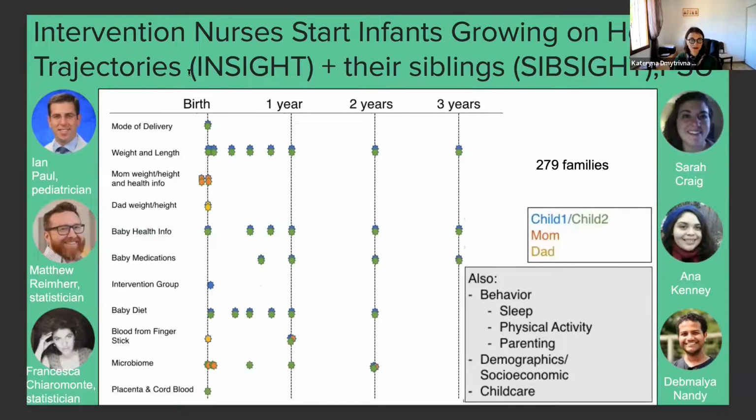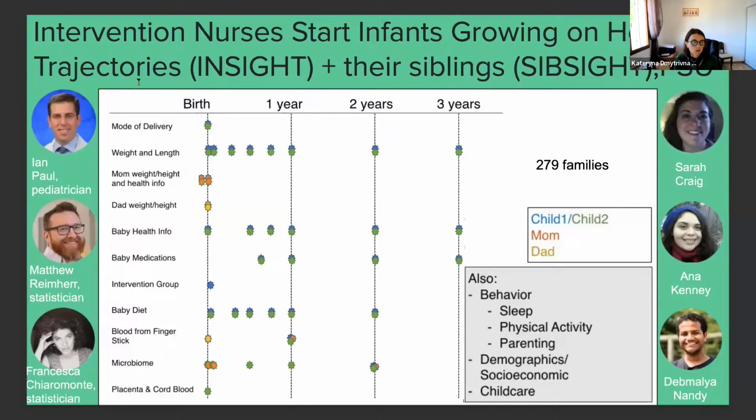And in this study, 279 families were involved. And at the beginning, only their firstborn children were part of the study. But then also the second-born child from these families was involved as well. So the siblings, and this second study was called SIP-SIGHT.